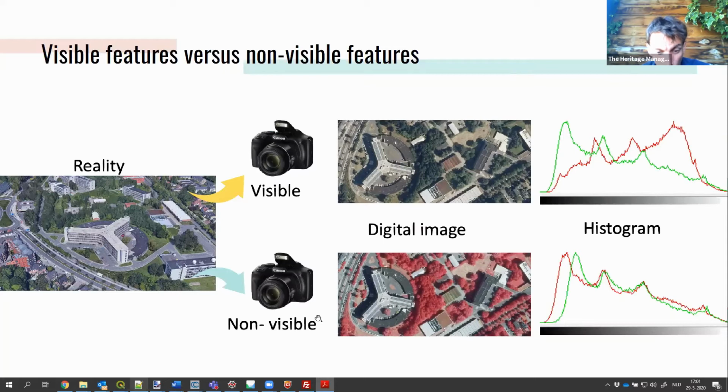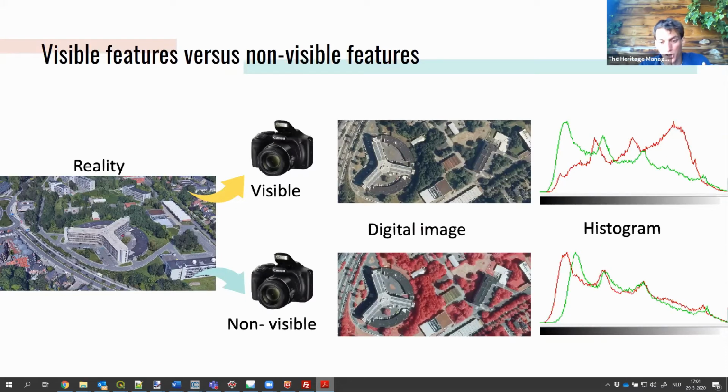Of course, we can also obtain different wavelengths. So that's, for example, what you will get when you work with near-infrared imagery or infrared imagery. Of course, if you look around, you don't see the infrared or the near-infrared because your human eyes are normally not sensitive to near-infrared or infrared.